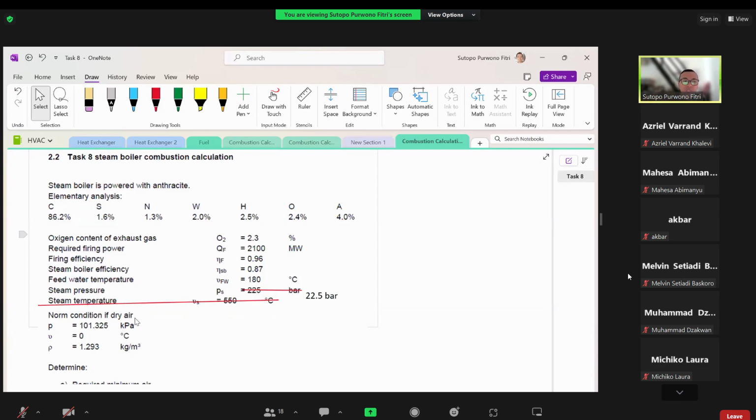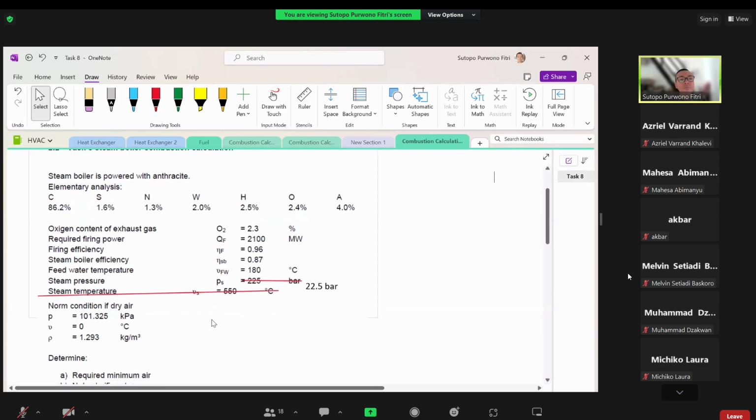If the steam temperature is 550 degrees Celsius and the steam pressure 225 bar, it should be in the form of superheated vapor or superheated steam, so it does not match the requirement of the condition.